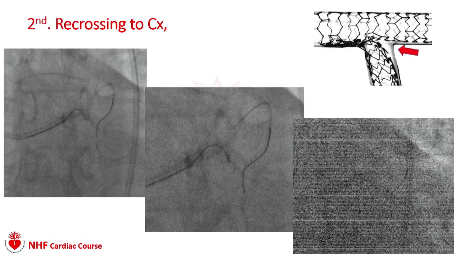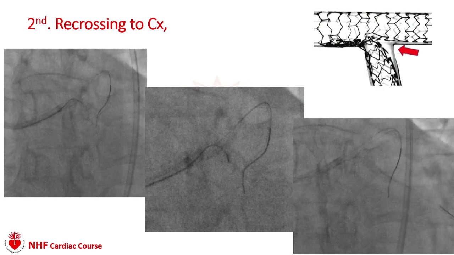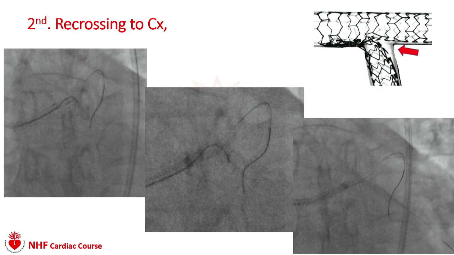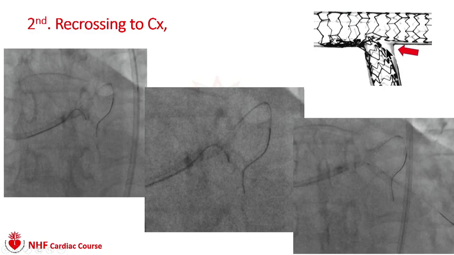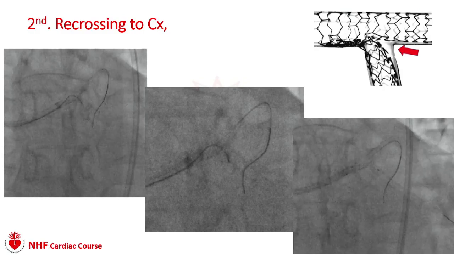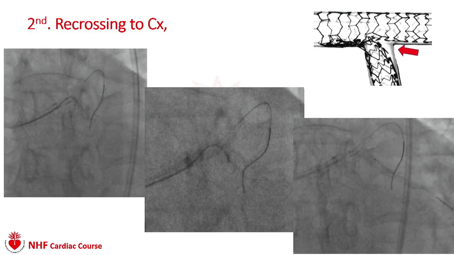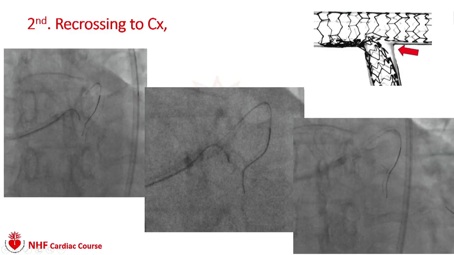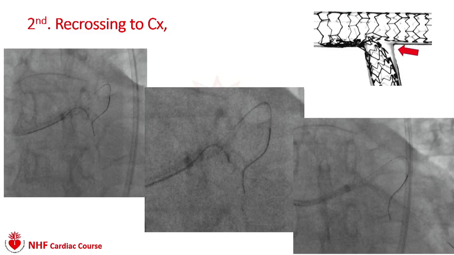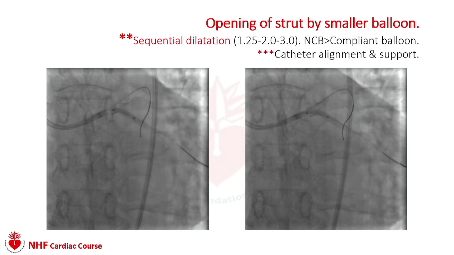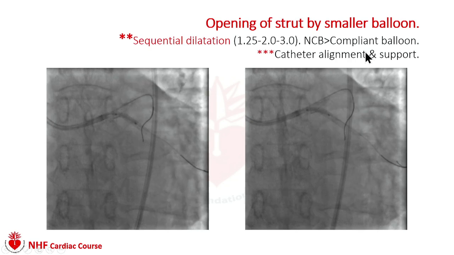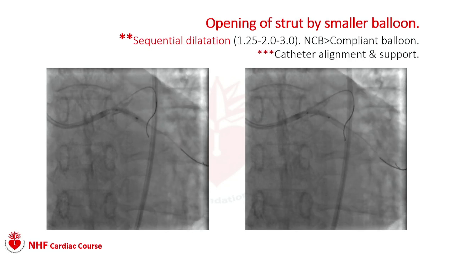Then second wire recrossing, similarly in the mid strut or proximal strut. Otherwise, there is a chance of a miss at the carina. Angiographically, that may be missed from covering by the stent. Then opening up the strut by progressive dilatation from smaller to bigger balloons. Catheter alignment and support are very important here.